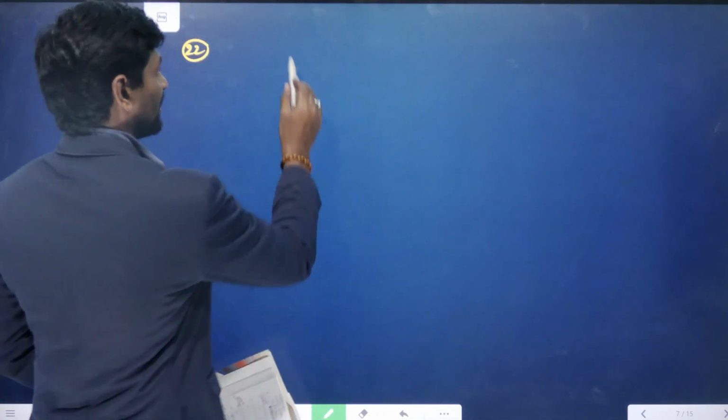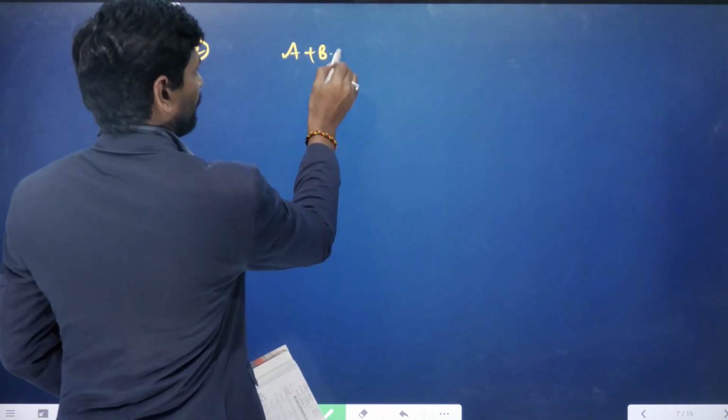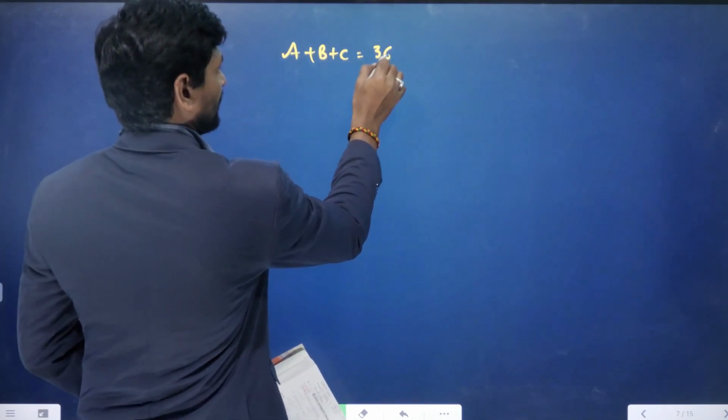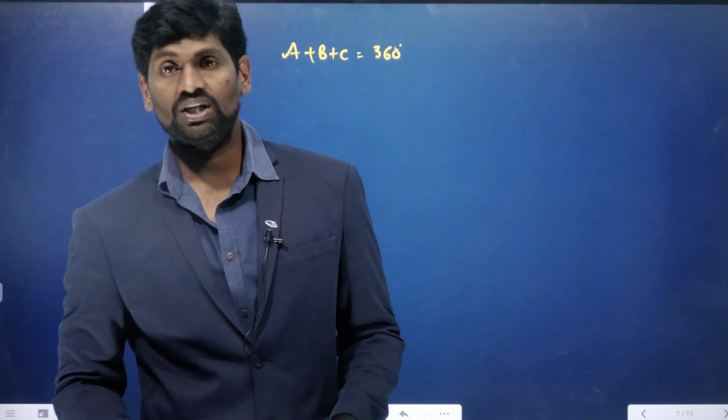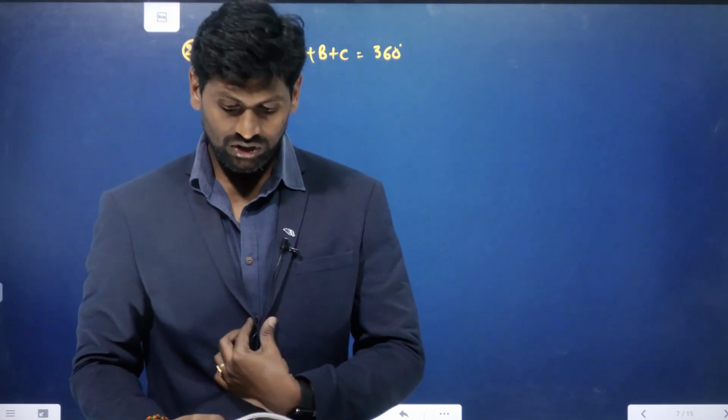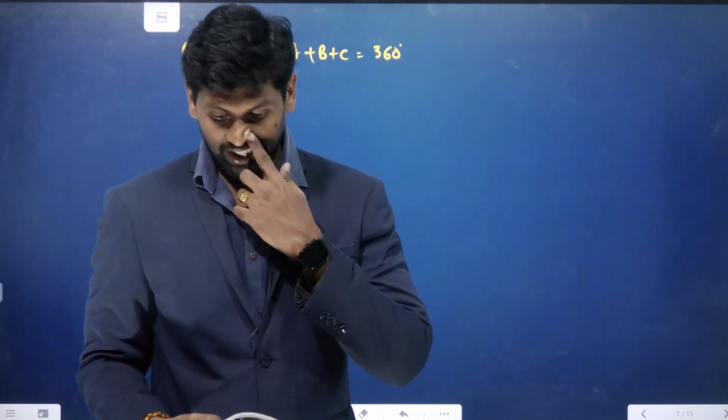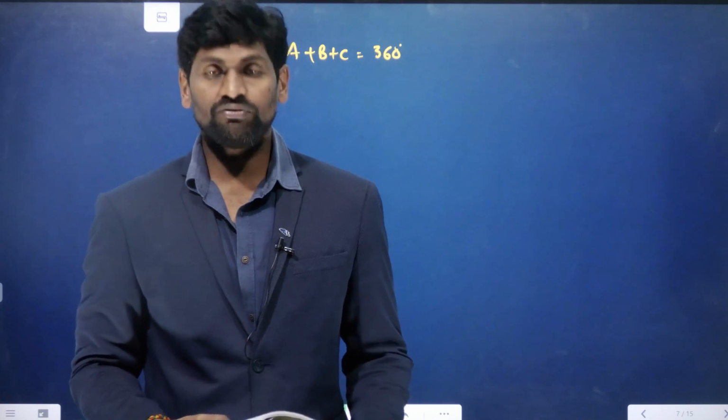The 22nd one: a plus b plus c value is 360 degrees, given this time. A plus b plus c equals 360 degrees. Now, we need to identify cot A by 4, cot B by 4, cot C by 4 equals K into cot A by 4, cot B by 4, cot C by 4.